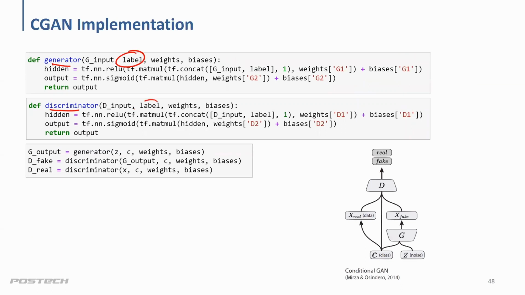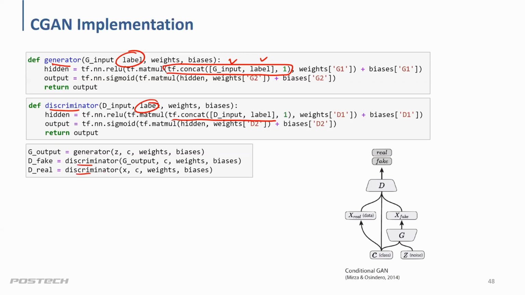For the hidden layers, the only difference is that we need to concatenate the input and labels, for the discriminator as well. That's for CGAN, the conditional GAN. And the rest of it, I think, is pretty much the same.